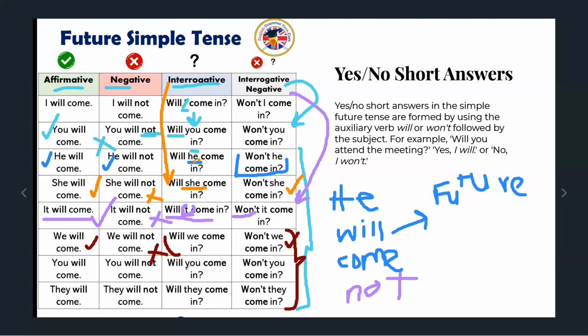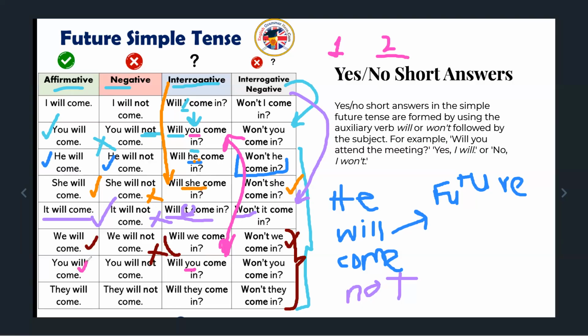Okay, now let's go with another example. Here I have, will you come in? As you can see, it seems to be the same as the second example that we saw. But in the first example, it expressed the you in a singular way. I mean, we're talking about one person. Here in this example, we're talking about two or more people because it's plural.